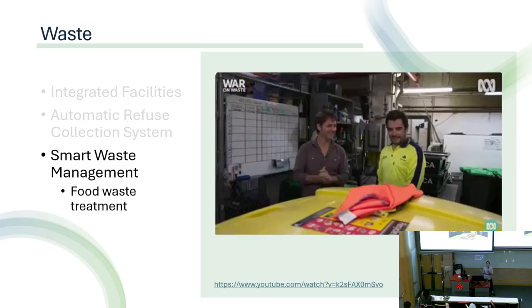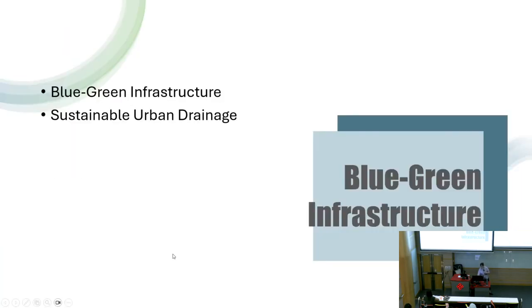T Park is the one that transforms this into energy for the heating of the pools. So the food waste is not just fertilizer, rather it's being turned into energy in Hong Kong because we don't need that much fertilizer.